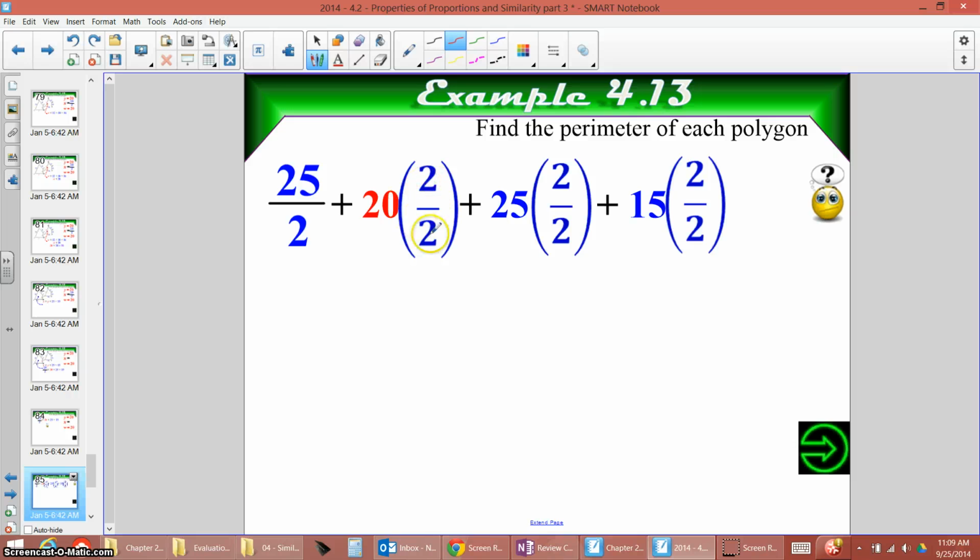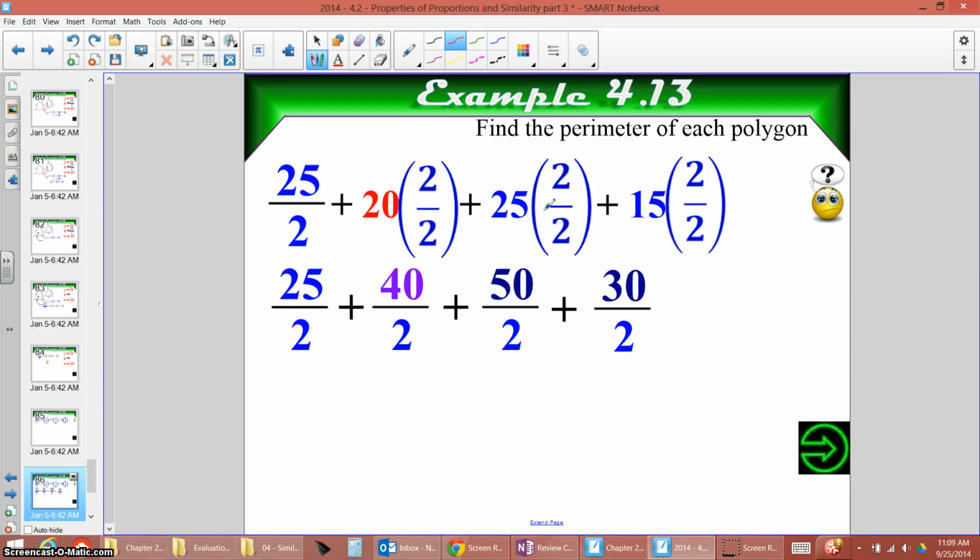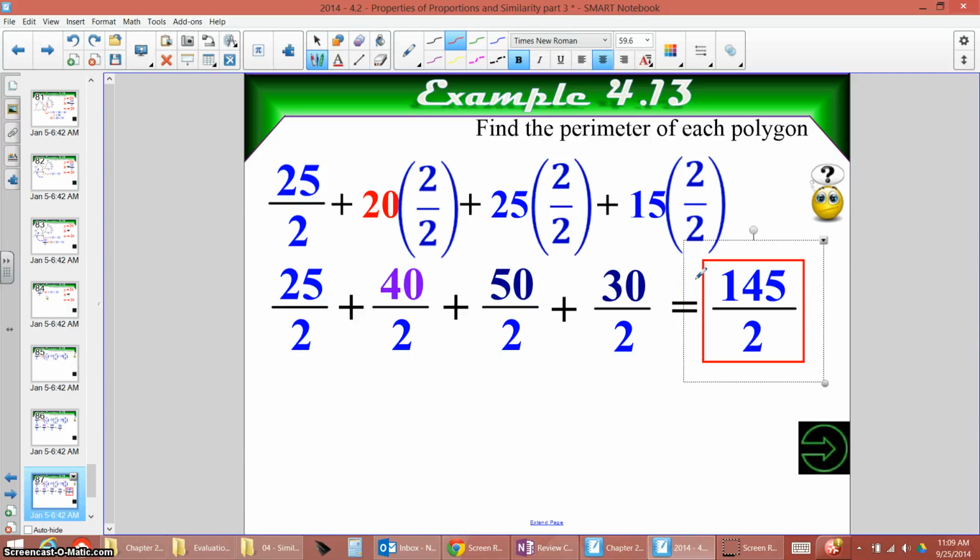I'm just timesing each one by 1, because 2 over 2 is 1, which is a fair move to do. I can times anything by 1 because it's just itself. But I'm doing it in a way that's going to create a fraction on the bottom that is the same as the other fraction. So when I do this, I end up with 40 halves, 50 halves, and 30 halves. Now I can add all of my fractions across the top and end up with 145 halves. So I just found the perimeter of the other side.